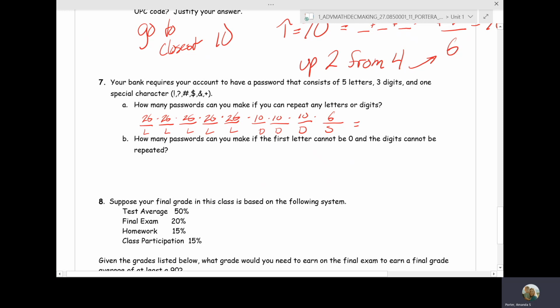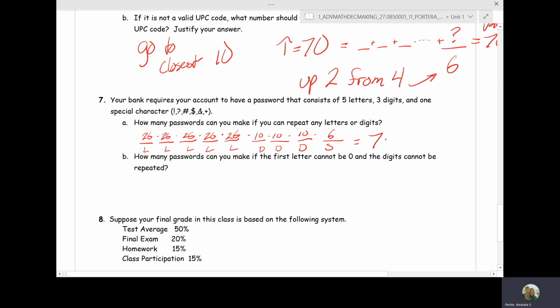So we have 26 to the 5th times 10 to the 3rd times 6. It's a big old number. It gives it to me as a scientific notation. So let's see what we've got here. We've got 7, 1, 2, 8, 8, 2, 5, 6.